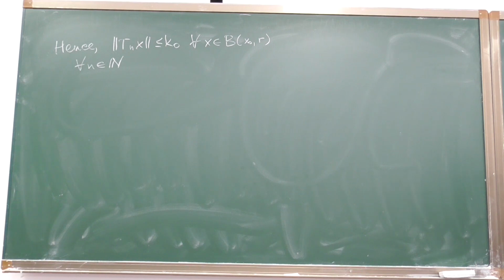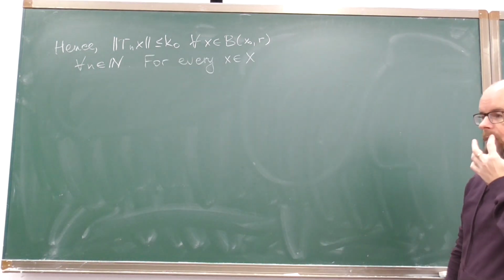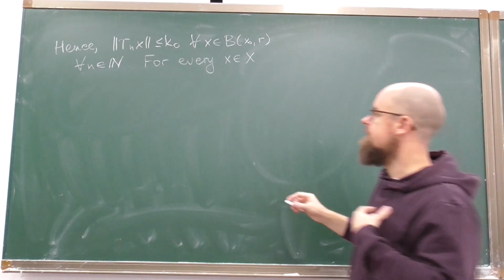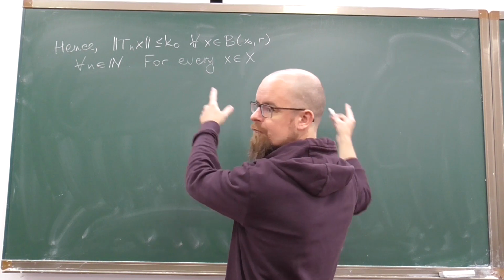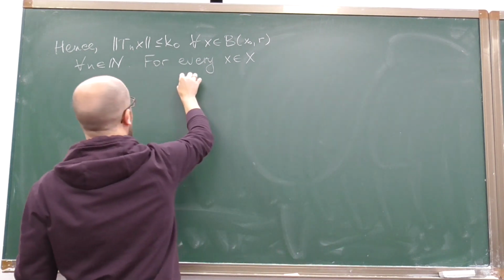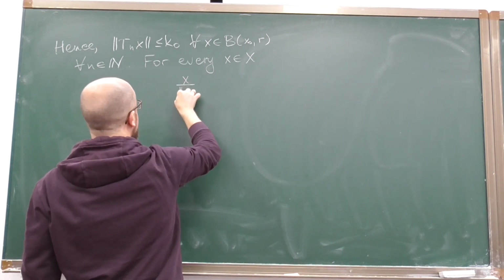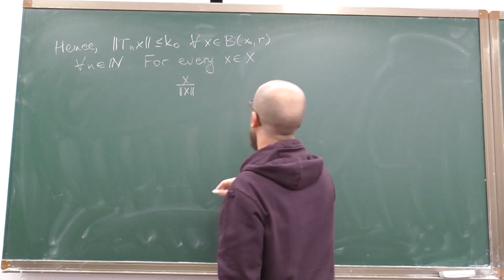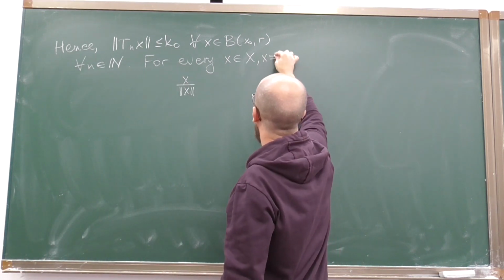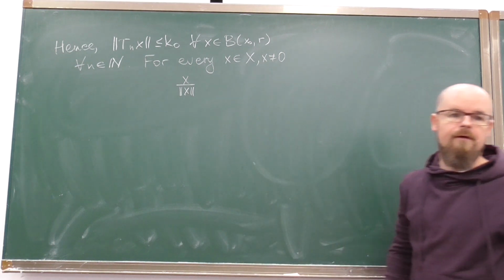What I will do now is take an arbitrary element from the space X, from the whole big space, and rescale that x in a way that it will belong to this ball. I will write from right to left. I will take x and divide it by its norm, supposing that x is not 0.